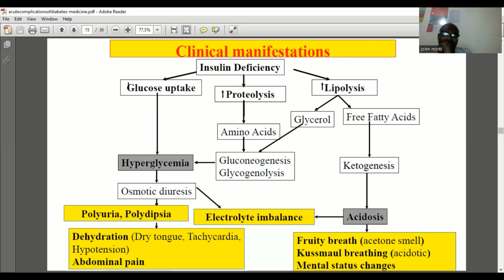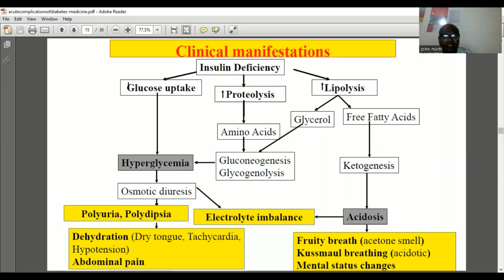On the other side, there is increased breakdown of lipids into either free fatty acids or glycerol. The glycerol will follow the pathway of hyperglycemia, whereas the free fatty acids will follow the process of ketogenesis, resulting in metabolic acidosis. The patient will present with a fruity smell because of acetone in the mouth, which we sometimes call a sweet smell.